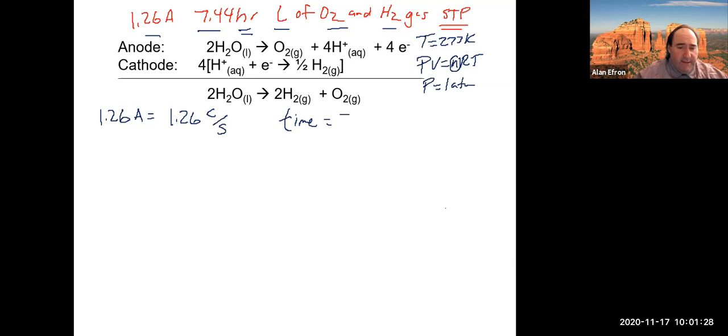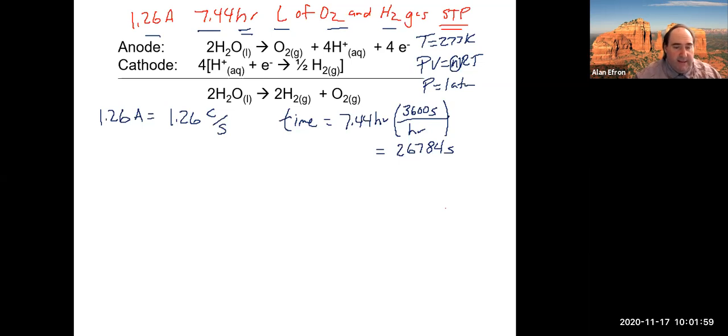So our time would be 7.44 hours. There's 3,600 seconds in an hour. And that's going to give us something like 26,784 seconds. So now we got our time in the right units. We can now multiply those two together.